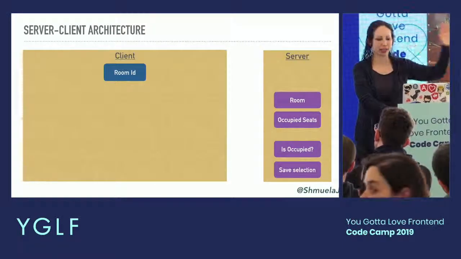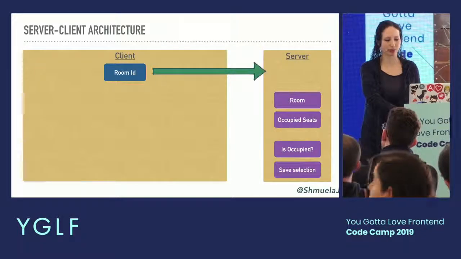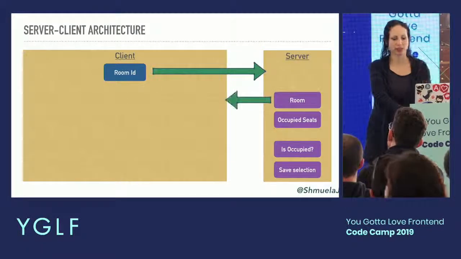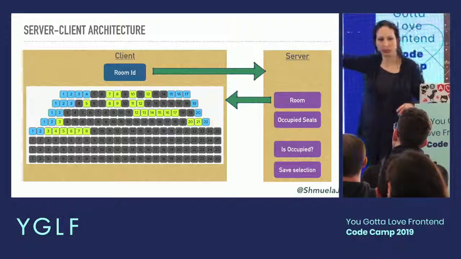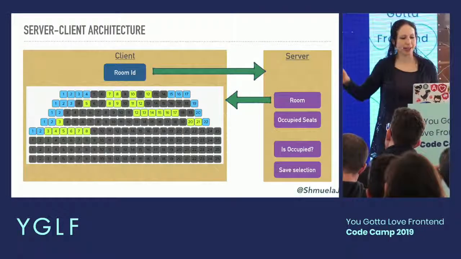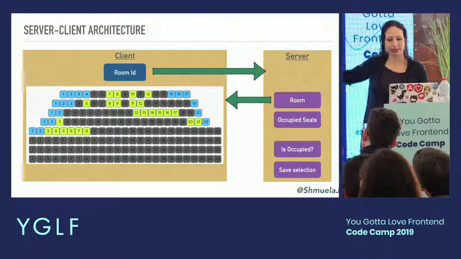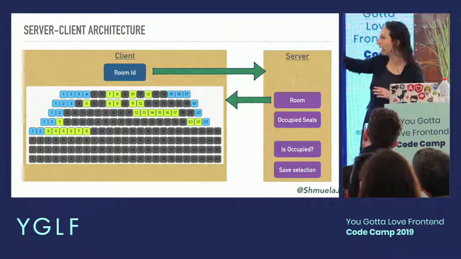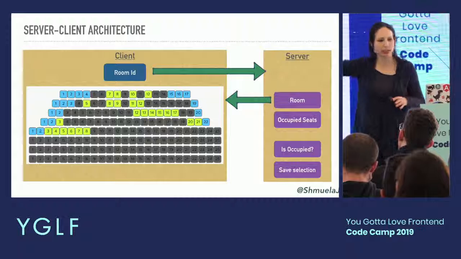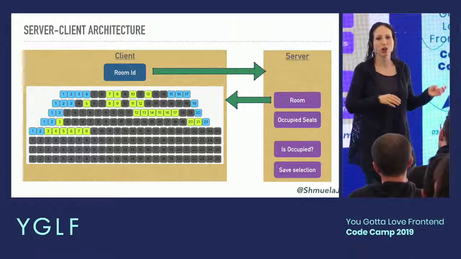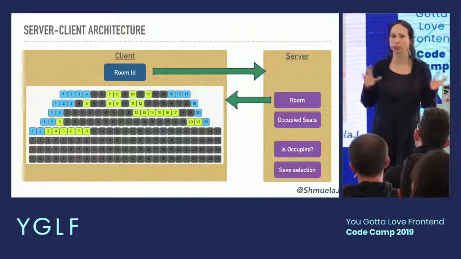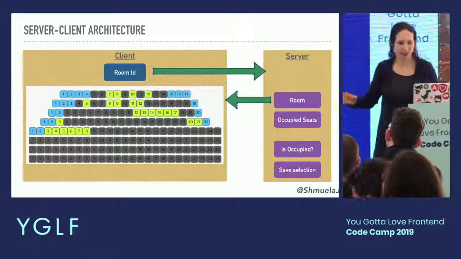So we send it to the server to get the room configuration. The configuration has the number of seats, the number of rows, the number of seats on every row, and if we have different types of seats, so the different colors are seats that are maybe for children, or some special super comfy seats, or anything that you want.